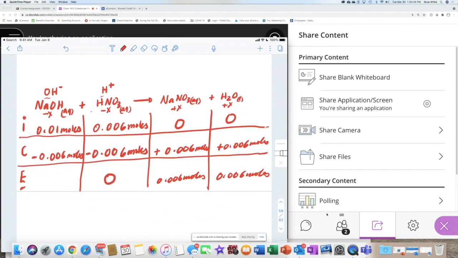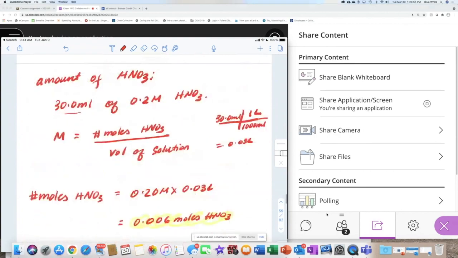The nitric acid completely gets consumed, annihilated by the base. But we still have some base left over. Let me do some math here. We have 0.01 minus 0.006. We have some base left over: 0.004 moles of base. Okay?